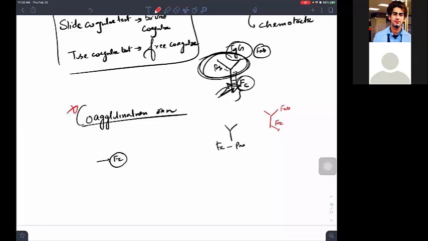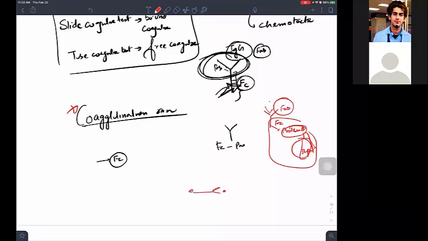The Fc region gets attached by protein A, which is on Staph aureus. Once it is attached to protein A, other things can bind with the Fab region. If you bind something like this, you have a coagglutination reaction. Easy.